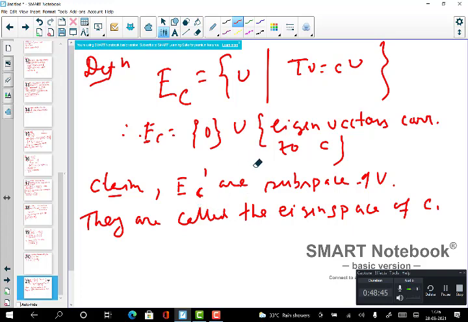That is obvious, because 0 is already there, and if we add two eigenvectors, that is going to be again an eigenvector, right? You multiply by a constant, that will be again an eigenvector. It's simple, so they form a subspace.